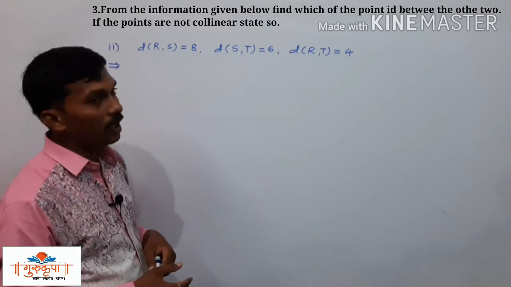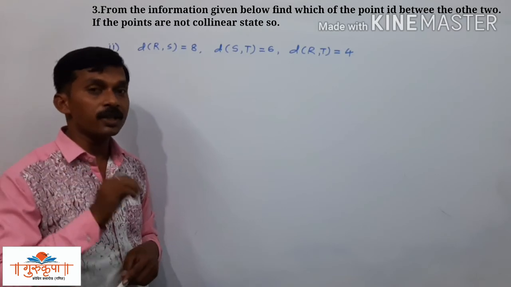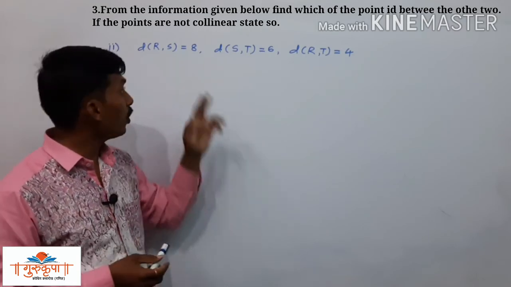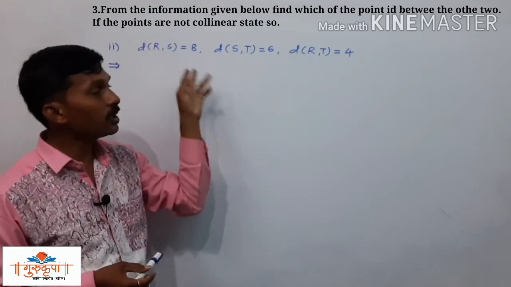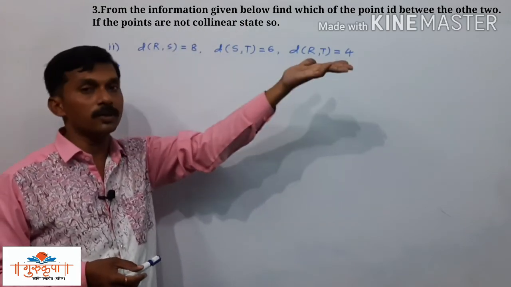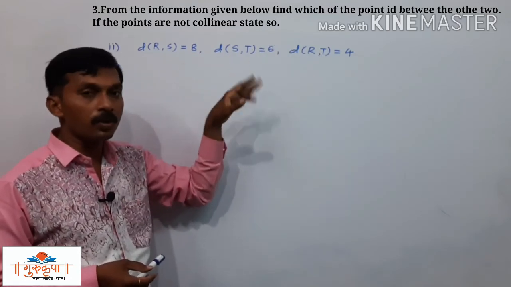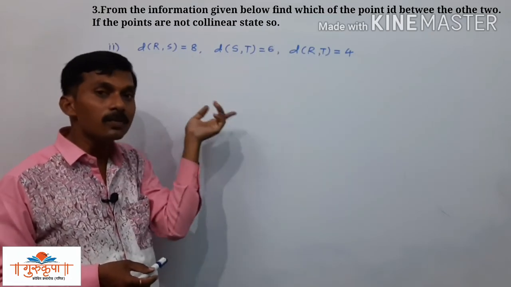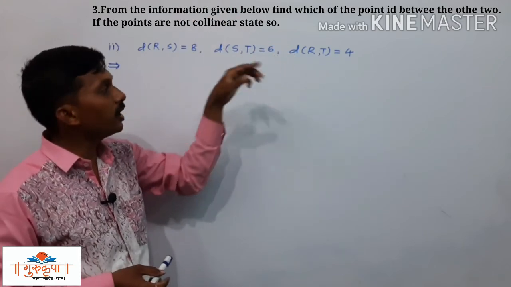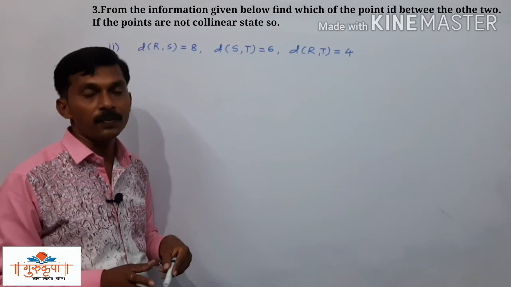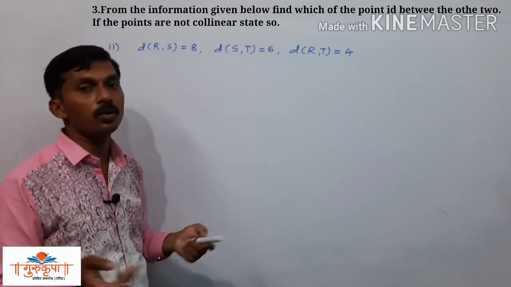How do we decide that the given 3 points are collinear or non-collinear? If the sum of any 2 distances out of the given 3 distances is equal to the third one, then we can say that the given 3 points are collinear, and if not so, the points are non-collinear.